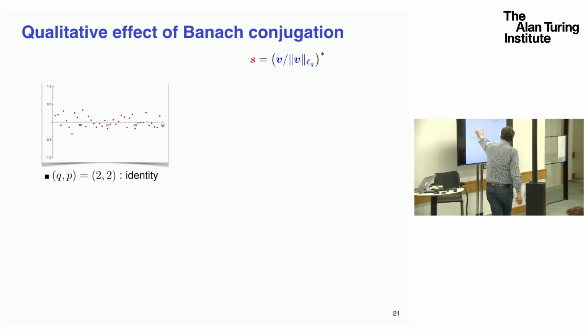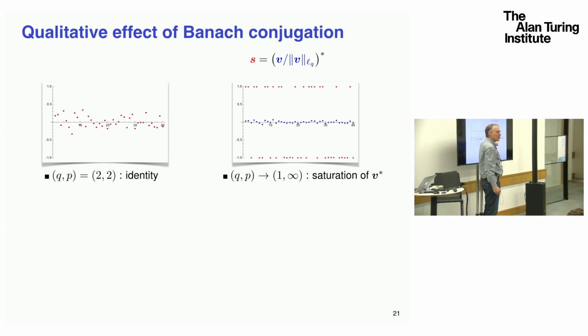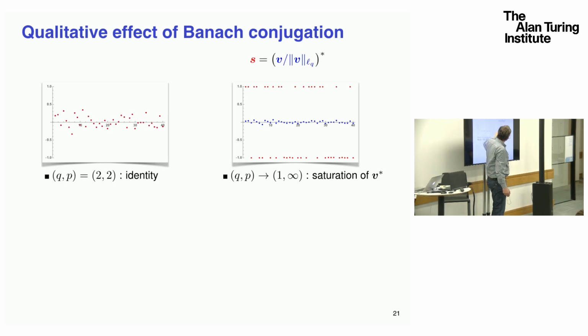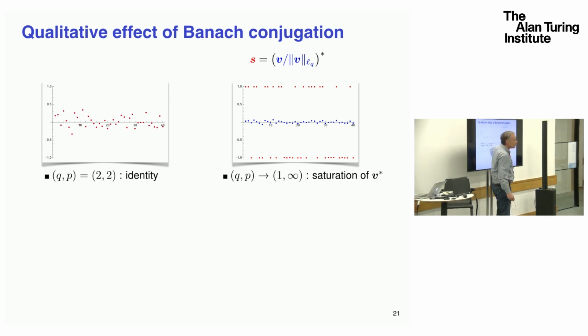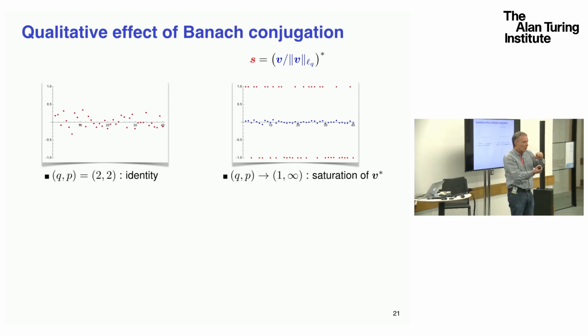To summarize, 2 is the identity, but this one is super interesting, the L infinity. Again, this is my original random vector, always the same, just rescaled for unit norm. And the conjugate can only take the values 1 or minus 1.